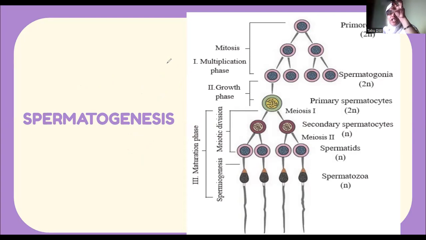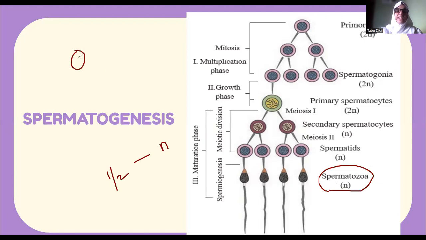So all of that we discussed over there. Now we will just focus on how the haploid sperms are formed from the parent cell. The sperms will be haploid in nature. What is haploid? That is half the number of chromosomes, that is n.